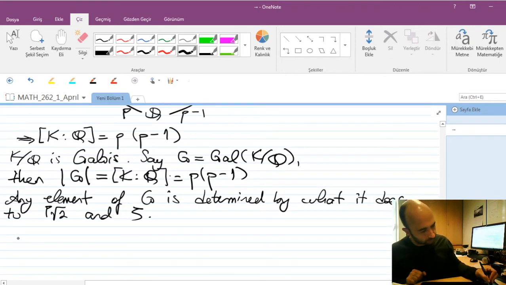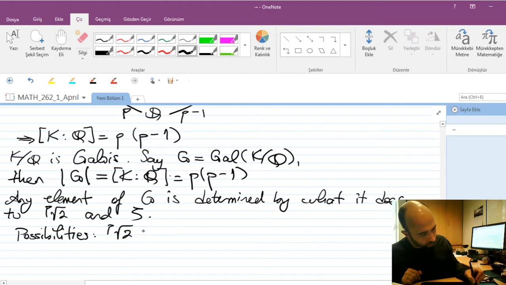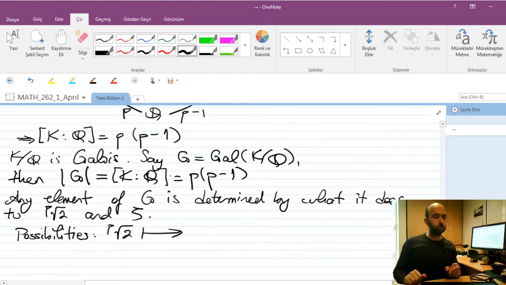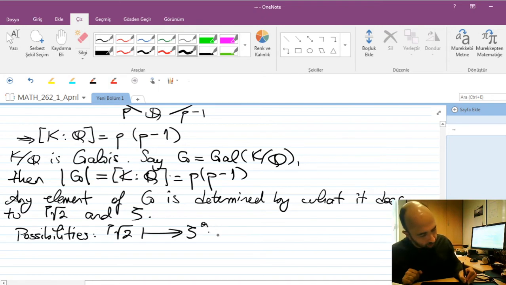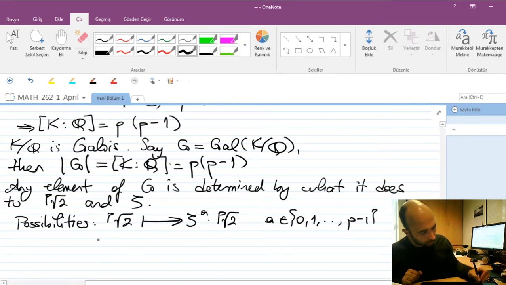Therefore, the possibilities, let's list them. At this point, we don't know if these can be mapped freely to wherever they can, but we'll find this out in a moment. This must go to one of the conjugates, and the conjugates are zeta to the a times p-th root of 2, where a is in the set {0, 1, ..., p minus 1}. Therefore, you have p choices.